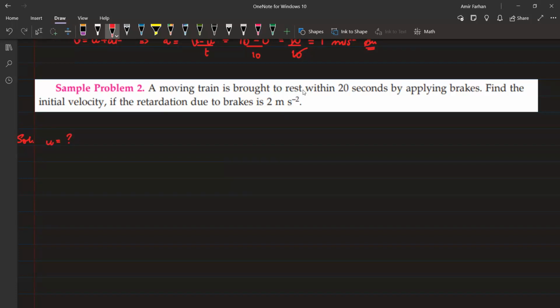The next thing is that it comes to rest after 20 seconds. So the time taken to come to rest is 20 seconds. Find the initial velocity if the retardation is 2 meter per second square. So acceleration is given as minus 2 meter per second square due to the opposite nature. And what will be the final velocity?